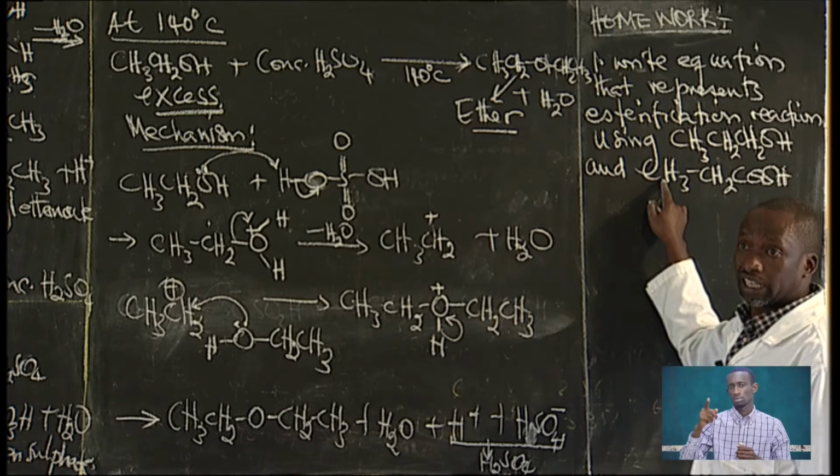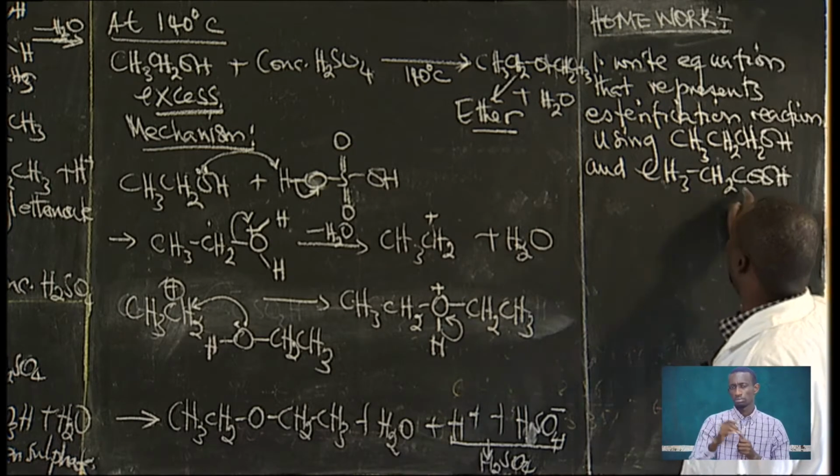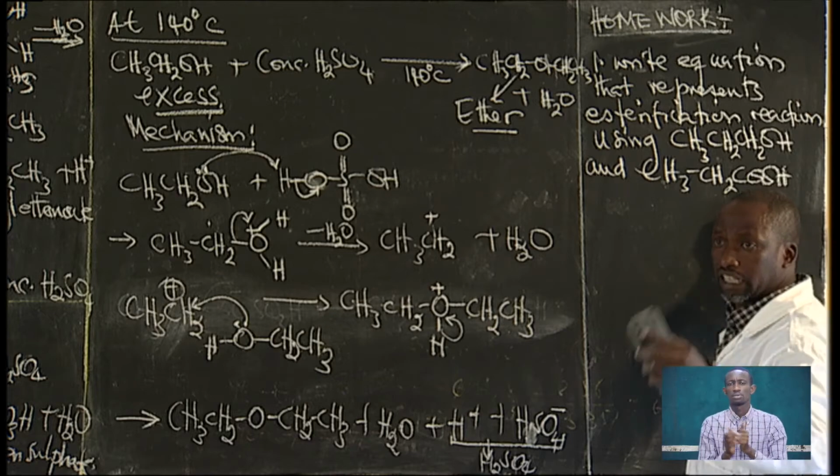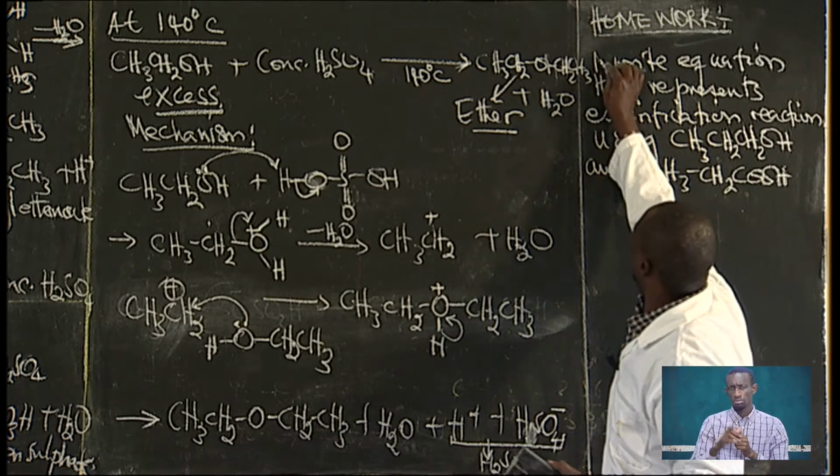This is a carboxylic acid, so it will be reacting with the propanoic acid. You represent that equation. That is A.